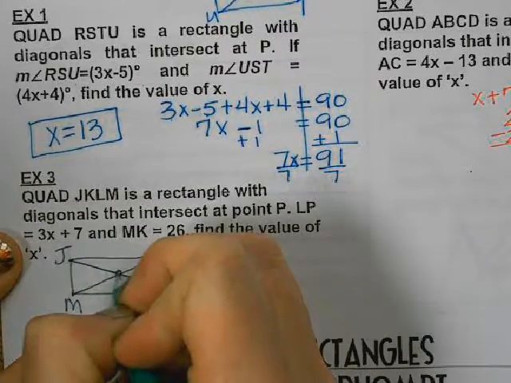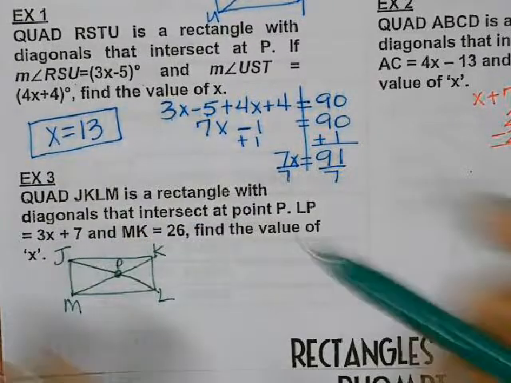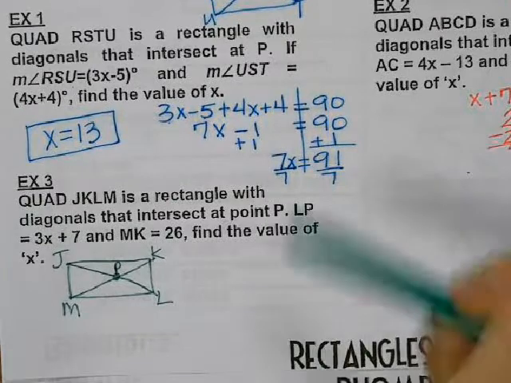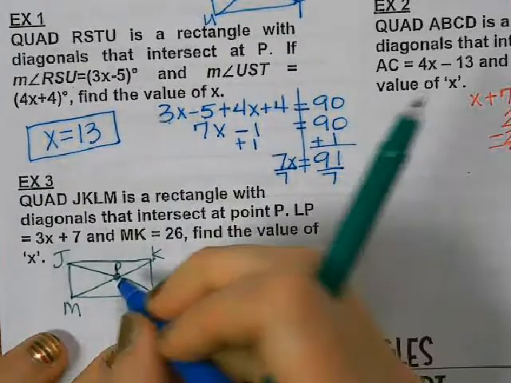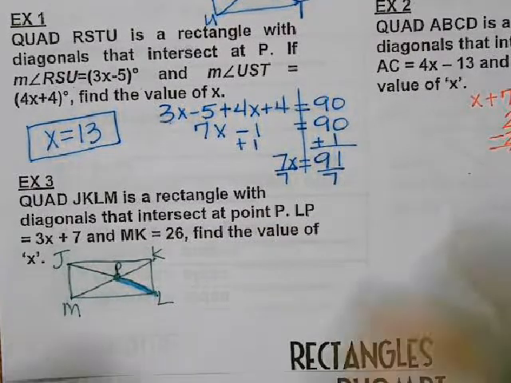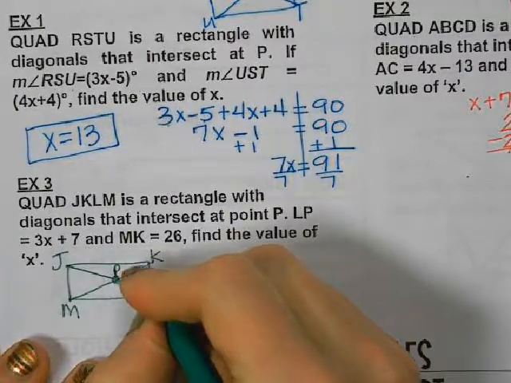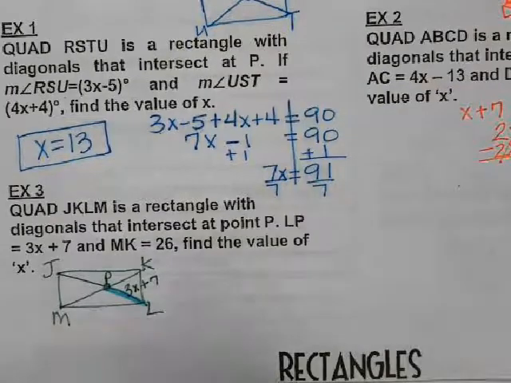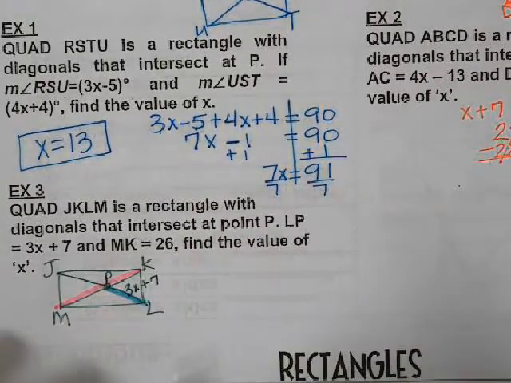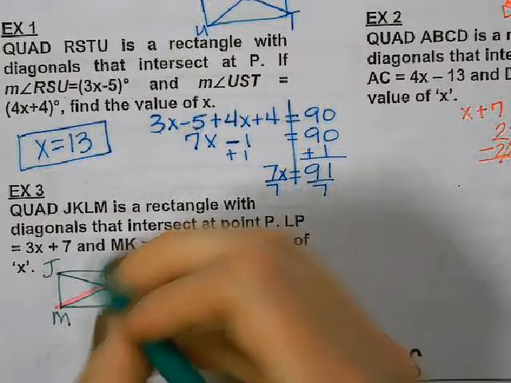And they intersect at point P. Okay, here we go. It says LP is 3x plus 7. So from L to P is this little length right here. And that's 3x plus 7. And MK is the whole length. We got to be careful. That's the entire length. So that's 26.